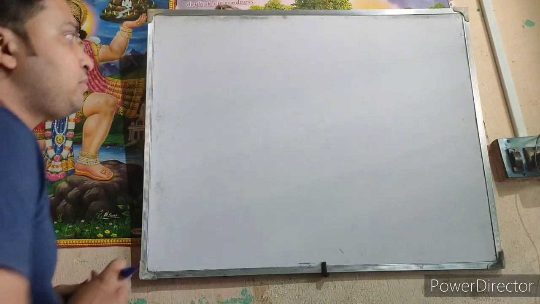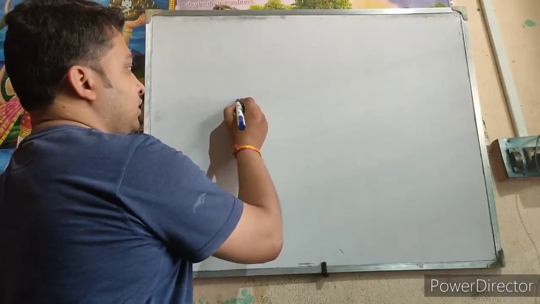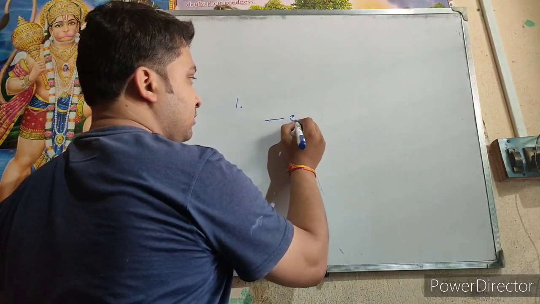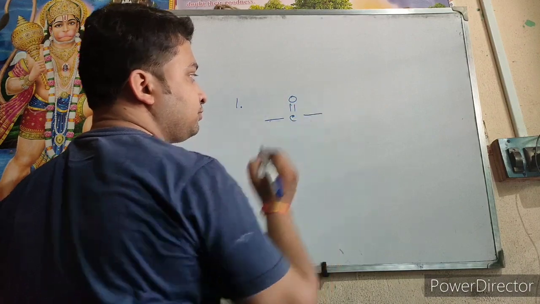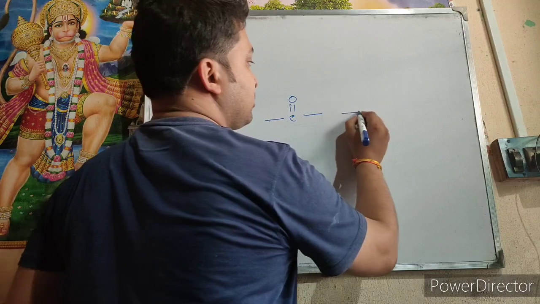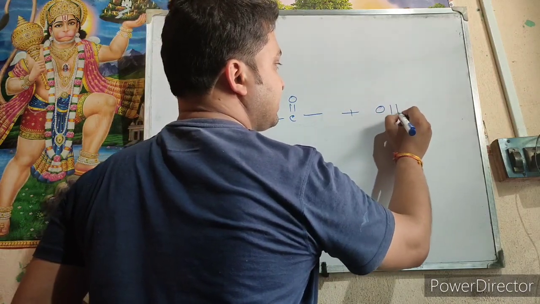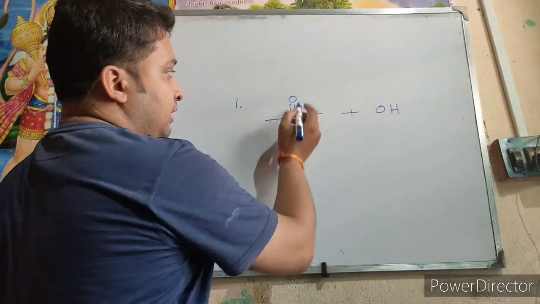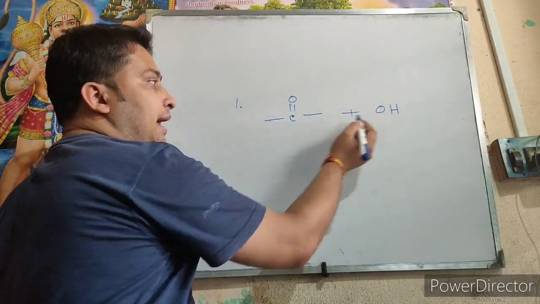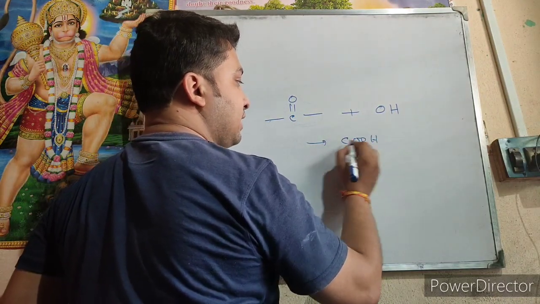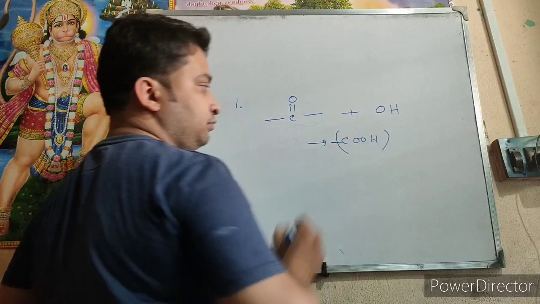First of all, what do you mean by carboxylic acid? Carboxylic acid has the carbonyl group, C=O, and the OH group, that is the hydroxyl group. Carbonyl group and hydroxyl group together give you COOH, that is the carboxylic group.